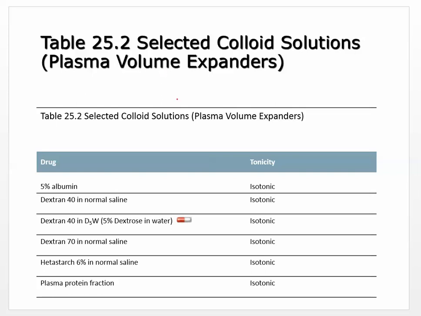Okay, all right. So the most commonly used colloidal solution is 5% albumin, but this one, Dextran 40, is the prototype drug. So just remember that either one of these can be used. But Dextran 40 is the prototype drug. So that's the one you're going to have to really know.